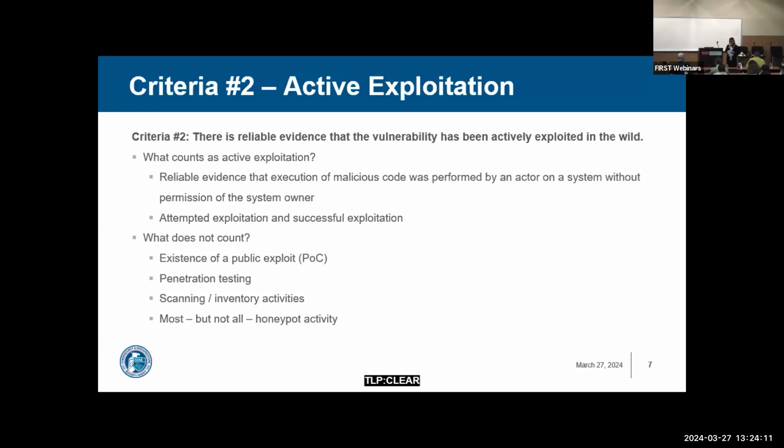It's money that federal agencies have to spend. So we need to make sure that what we're adding is real, being exploited.